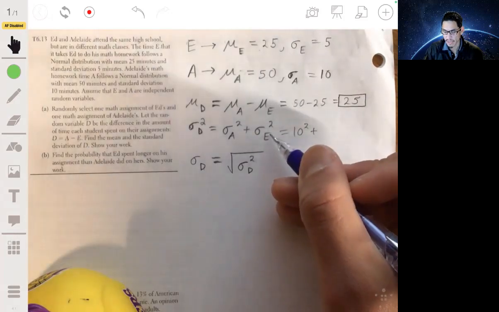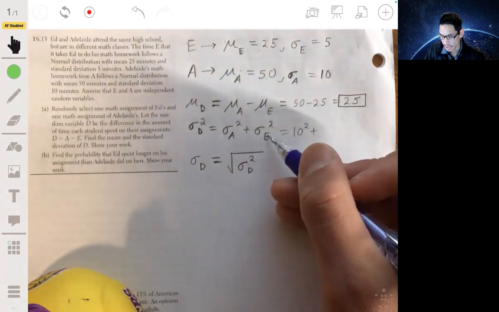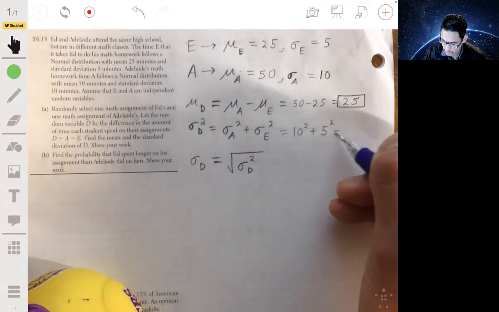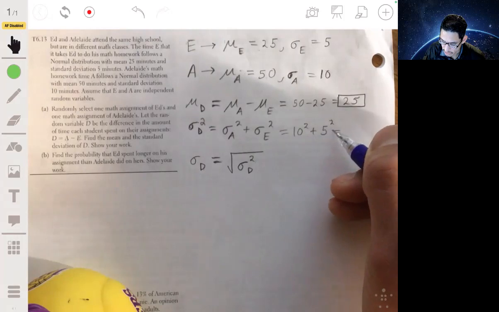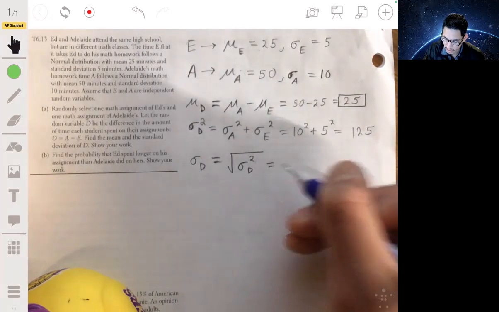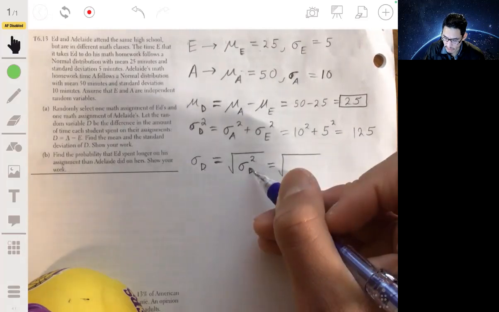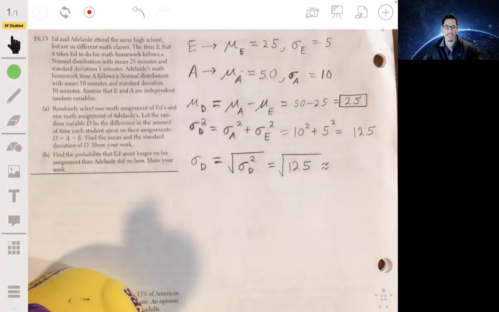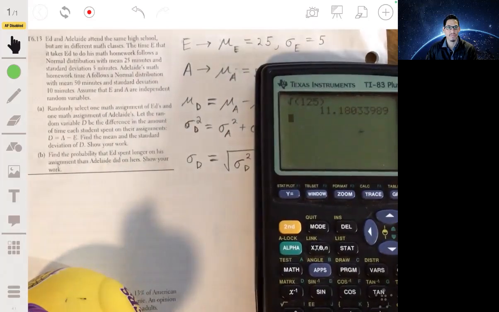And the variance of Ed will just be his standard deviation squared, 5 squared. So this will just be 125. We're taking the square root of 125, and we get a decimal approximation of about 11.18.